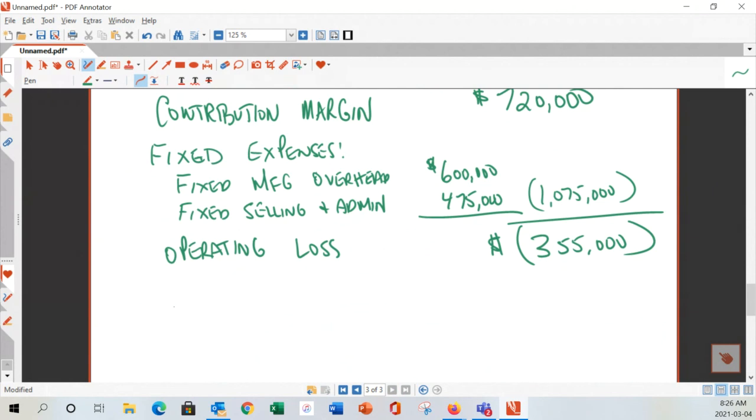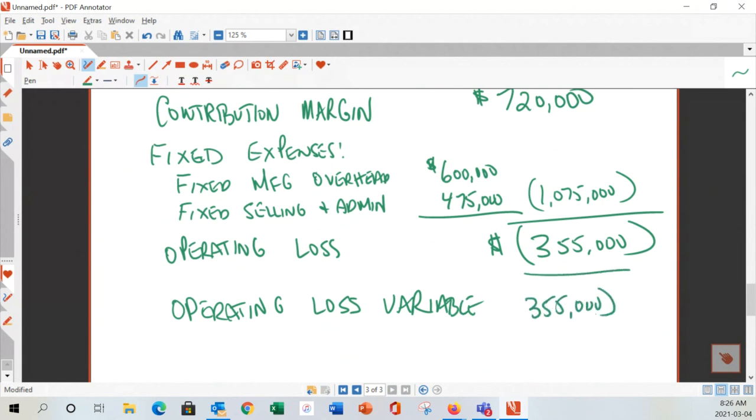So we have operating loss under variable or contribution. So we have the 355 loss under absorption.